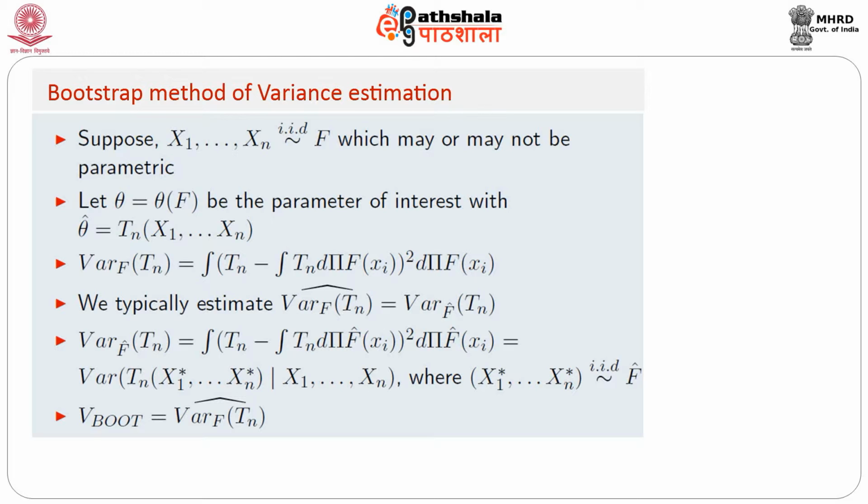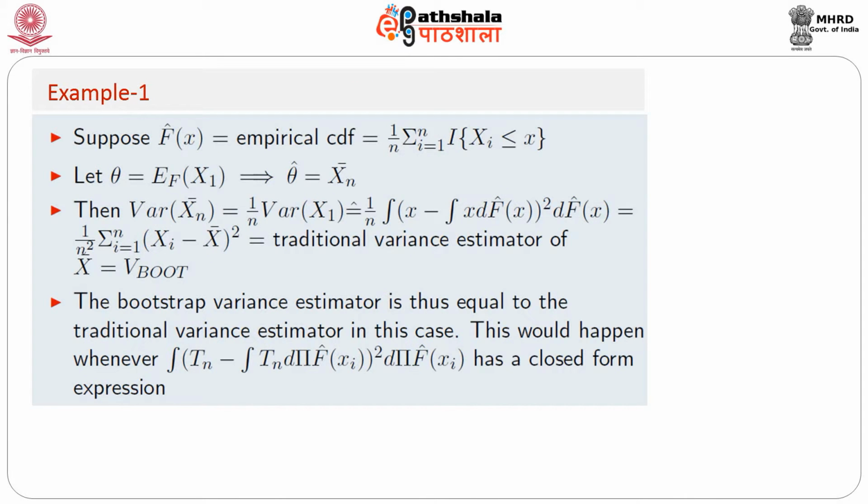Now, we define the bootstrap estimator V_boot as the variance estimate of Tn under F hat. Suppose F hat(x) is the empirical CDF. One of the estimates of F hat can be the empirical CDF. What is an empirical CDF? It is 1/n times the summation over i from 1 to n of the indicator of whether xi is less than or equal to x. That is F hat(x). Then if theta is, say, the expectation under F of x1, theta hat is xn bar.